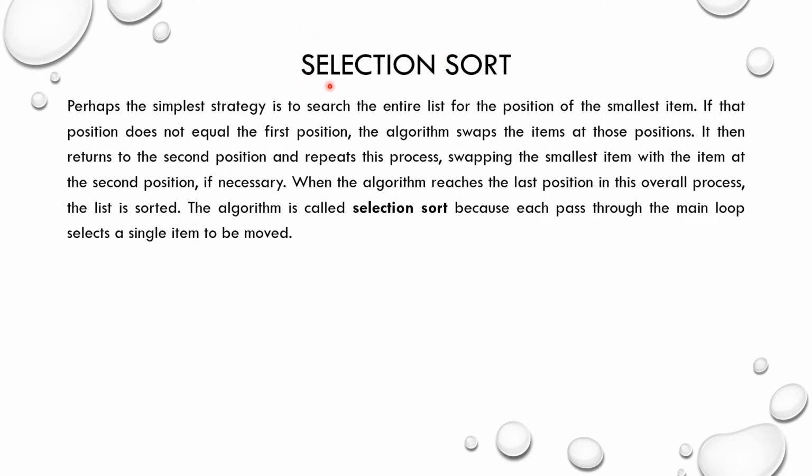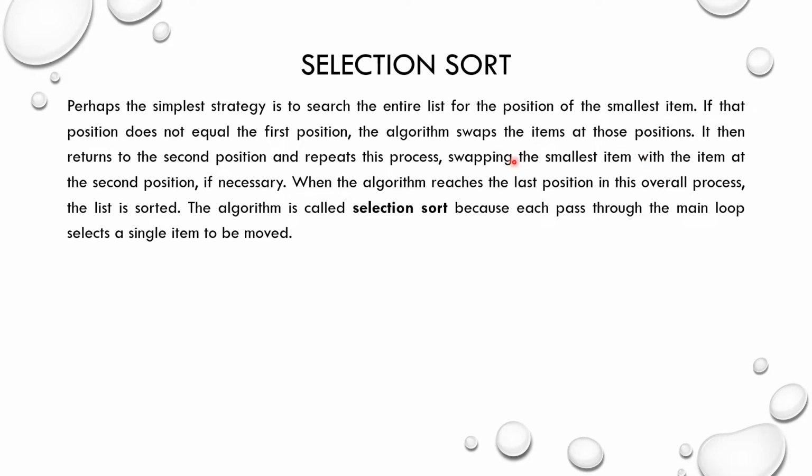The selection word stands for selecting the minimum element or the smallest element from the list of the given elements, and then if that element is not present at the very first index, we swap it with the very first index value, and in this way the smallest element gets sorted at the first index value.